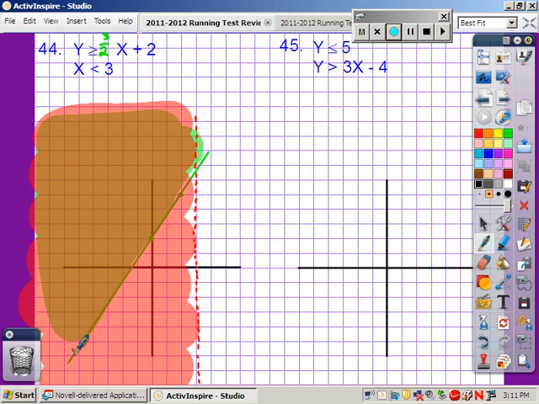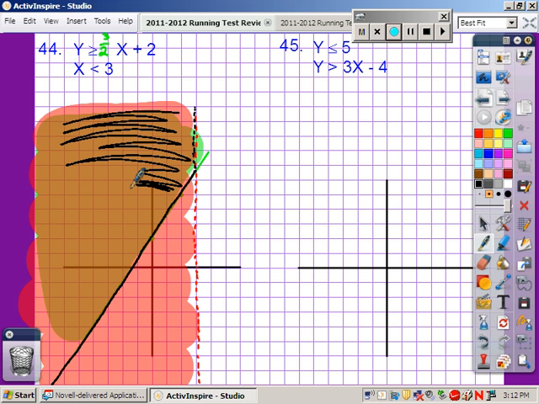It runs right along the green line and then also where this dash line is. So the overlapping shading is this area that I am highlighting in black right here. You want to make that area stand out, so I would then show that this is your solution right in here.